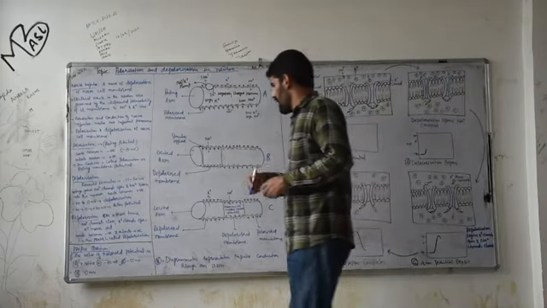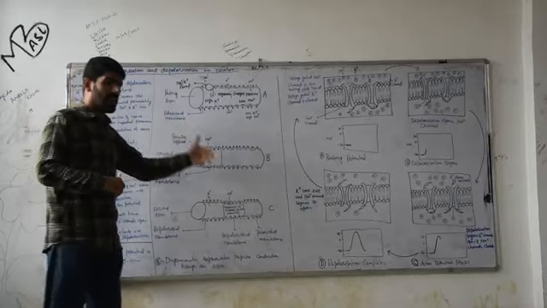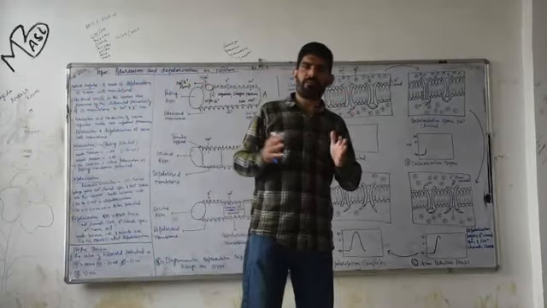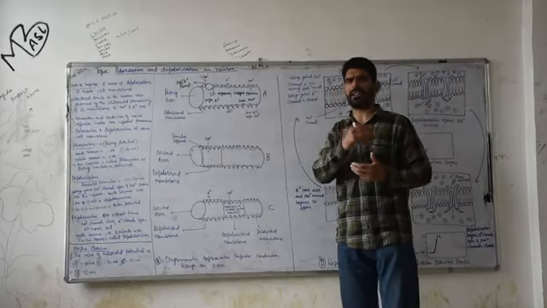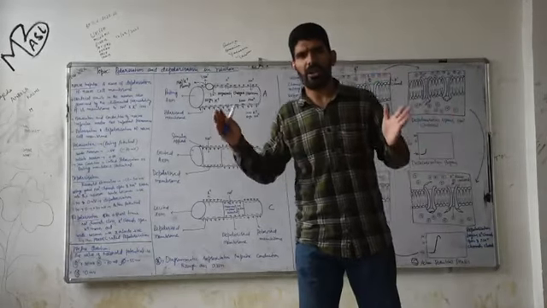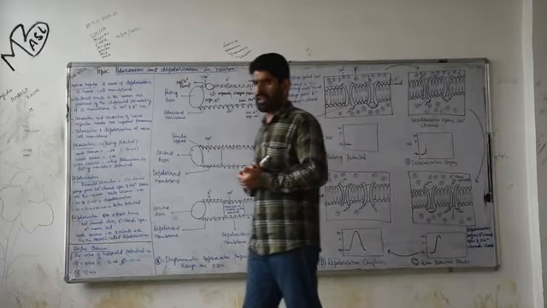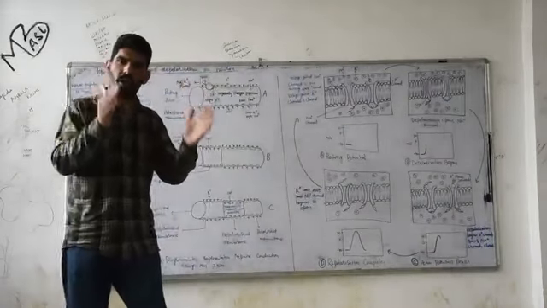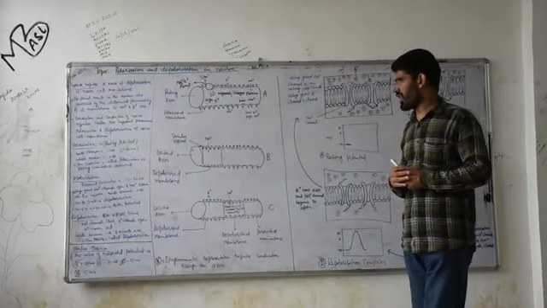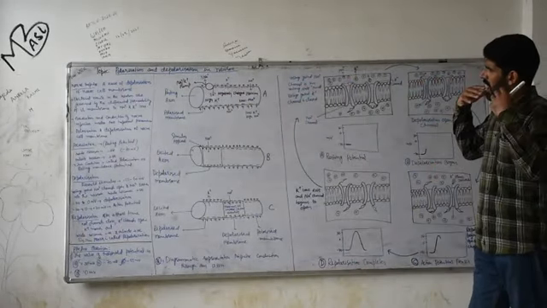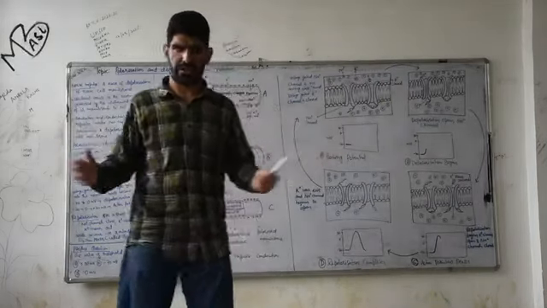So in this way, due to these electrical events, a wave of impulse is generated and conducted along the membrane of the neuron, and through repolarization the neuron membrane is restored to its original state. So this is how nerve impulse is generated and conducted.